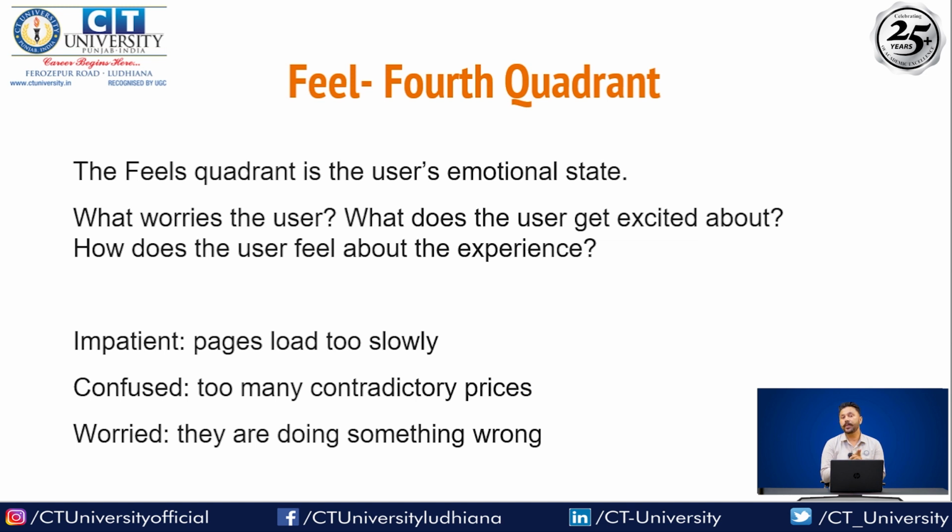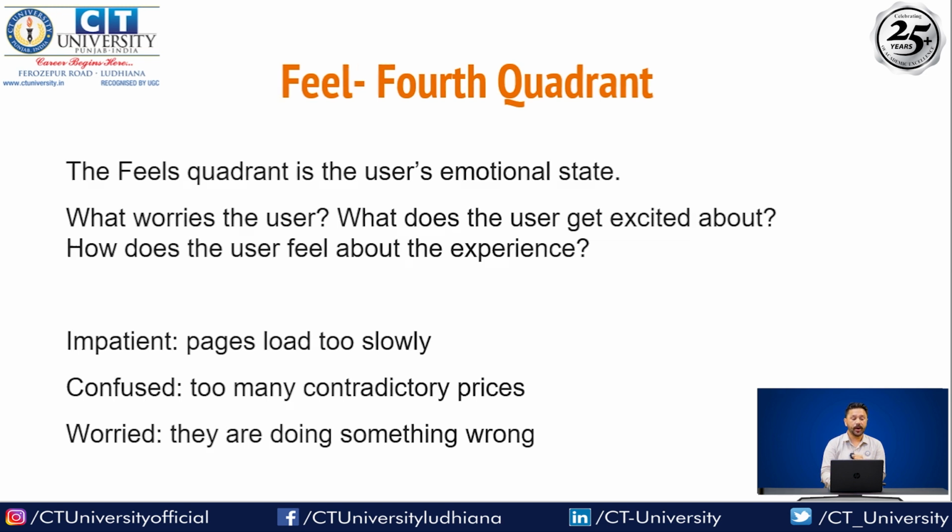If there are too many contradictory prices on different websites, a different price on Amazon, a different price on Flipkart, a different price on another website, then we can say our user is confused about where to go. And in some cases our stakeholder is worried whether he is doing something wrong. It means he wants to buy a phone but is not in a comfort zone to buy the product.